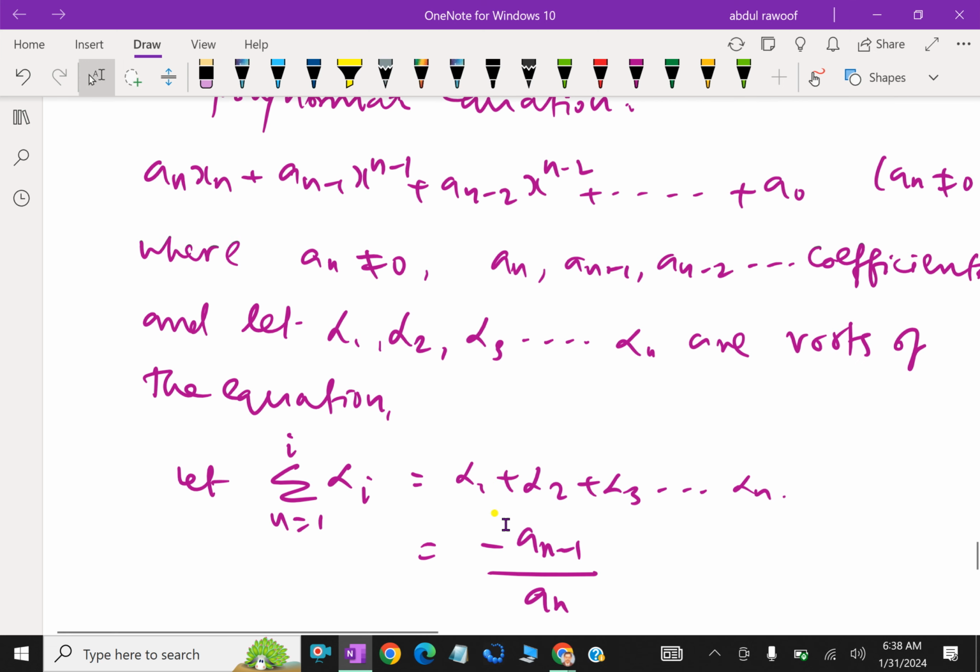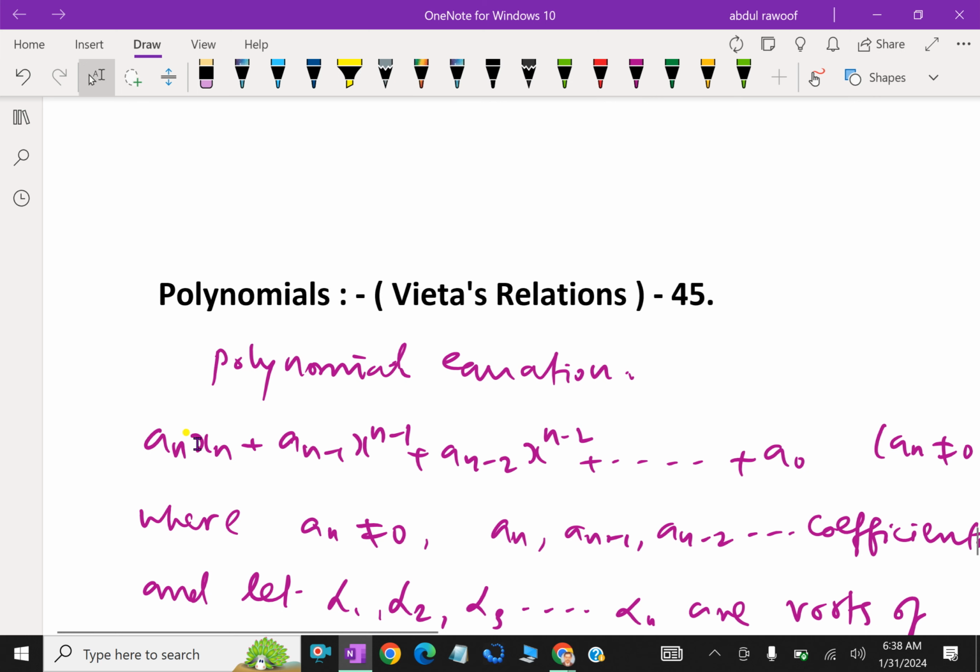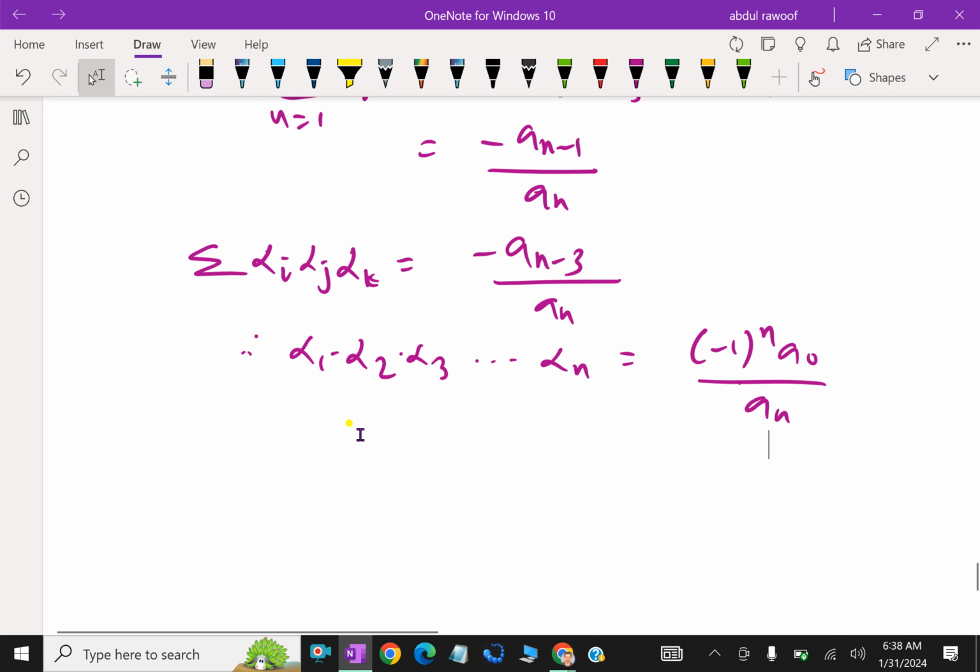Look at here, the last term divided by the first term is equal to the product of the roots.